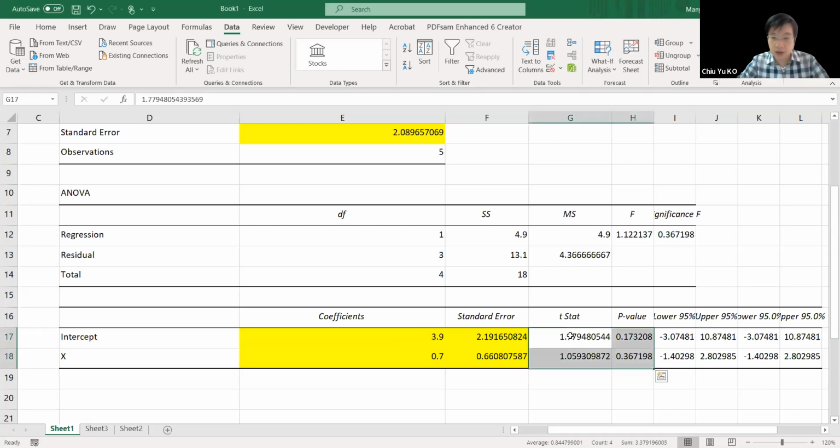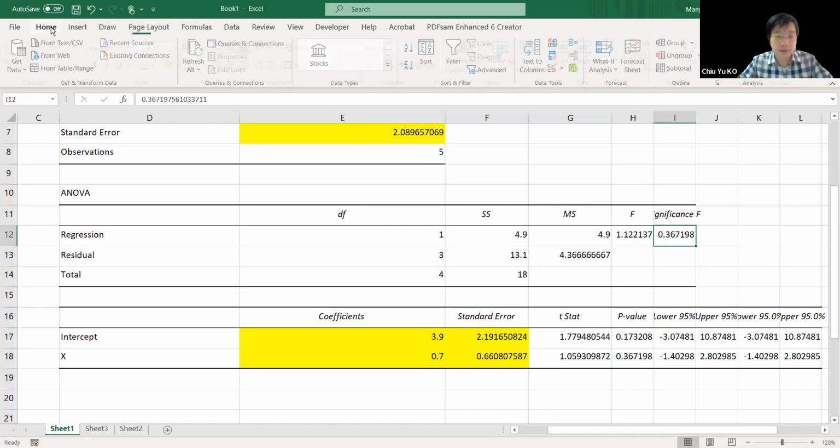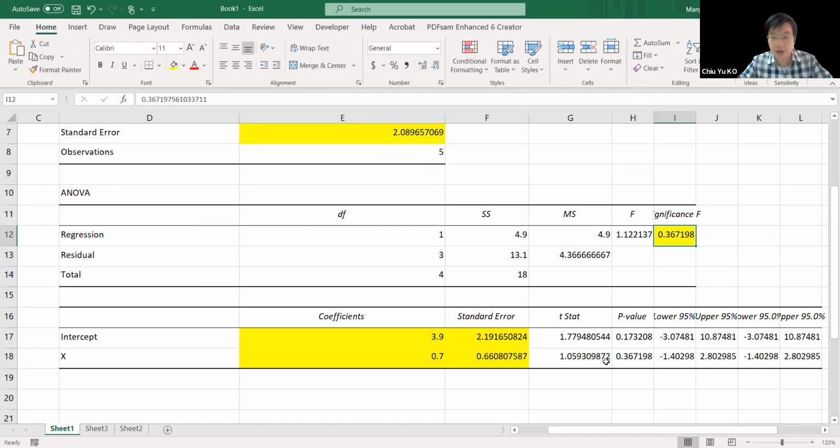So these t stat and the p-value are testing whether it's 0 or not. And these two are the confidence interval for the estimate for the intercept and the slope. And this is the ANOVA. If you recall, for simple linear regression it's the same as this.